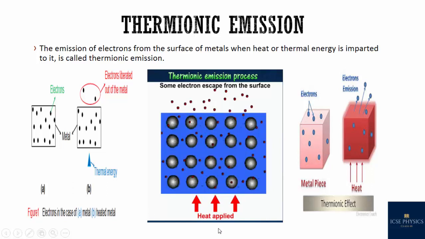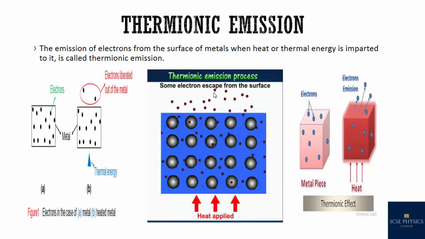And when we keep on supplying the heat energy, what happens? These free electrons escape out of the surface of the metal. And this escape out of the surface of the metal is known as thermionic emission by supplying thermal energy or heat energy.